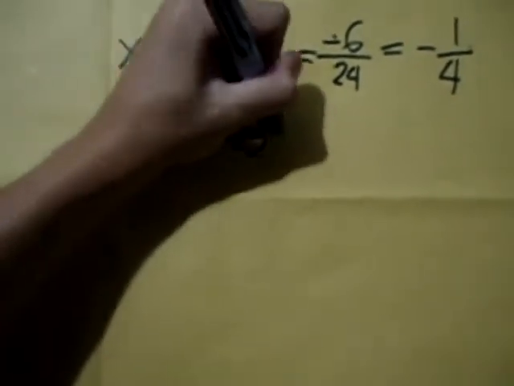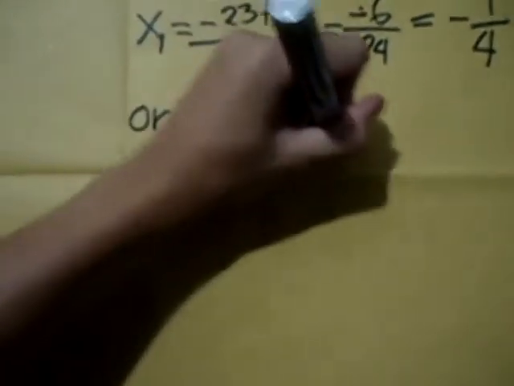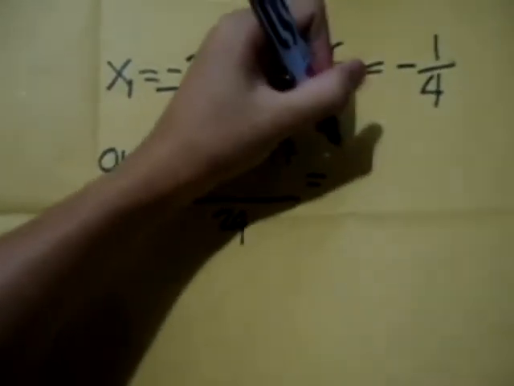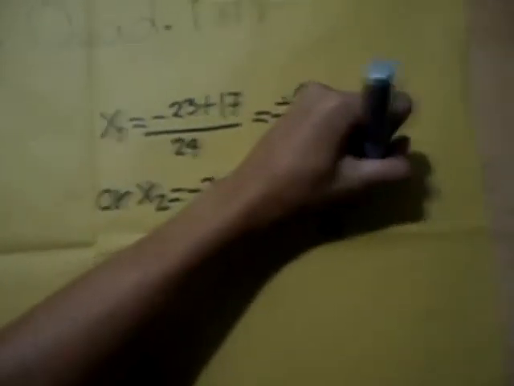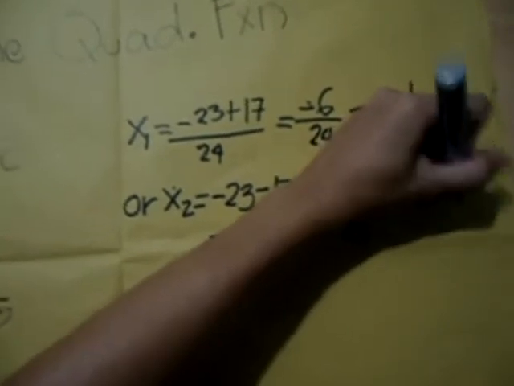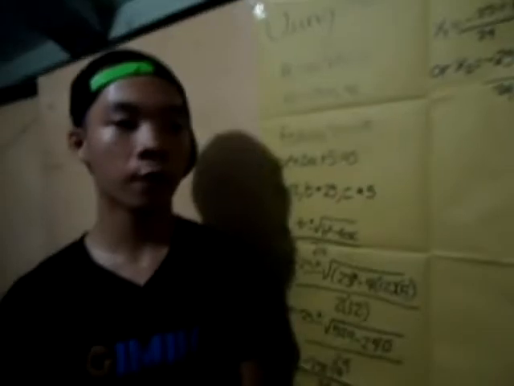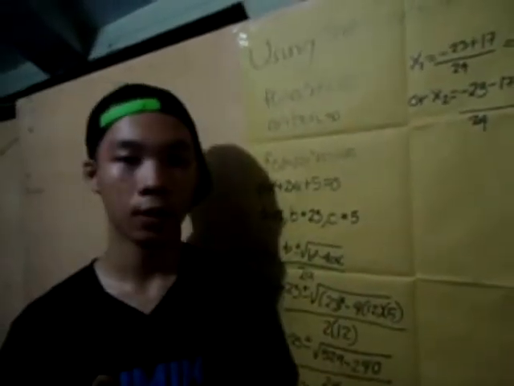Or x sub 2 is equal to negative 23 minus 17, all over 24, equals negative 40 over 24, which is equal to negative 5 over 3. The zeros of f of x are negative 1/4 and negative 5 over 3.